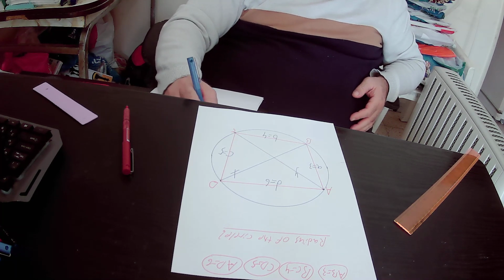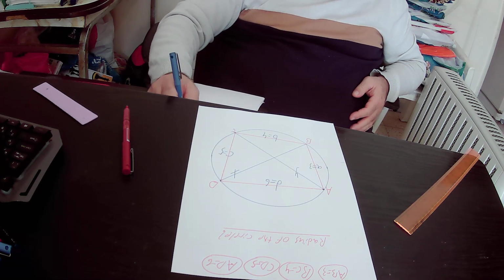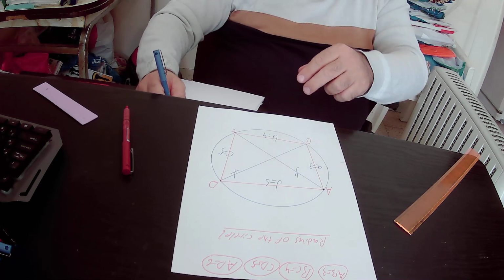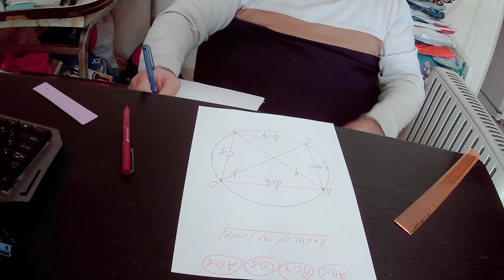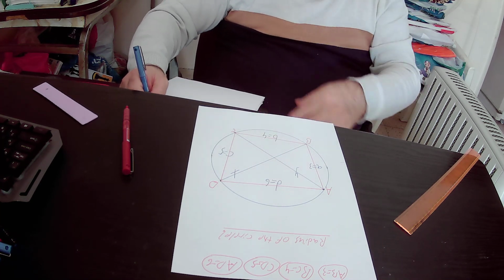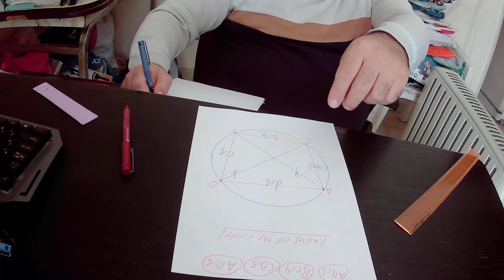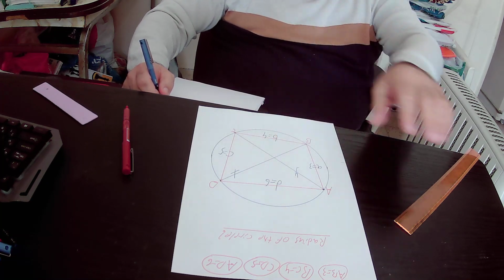I will write it down. The area of quadrilateral ABCD will be equal to the area of triangle ABC plus the area of triangle ADC, because quadrilateral ABCD consists of those two triangles, triangle ABC and triangle ADC.